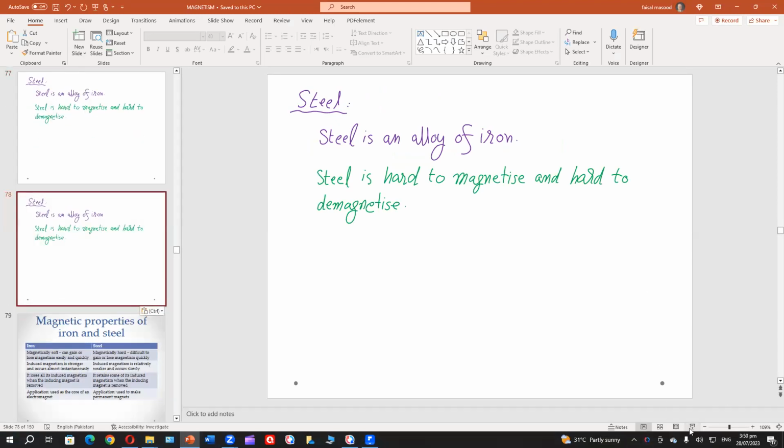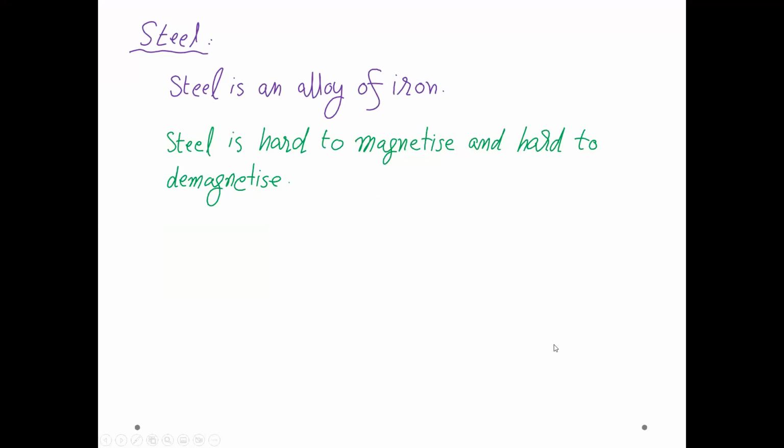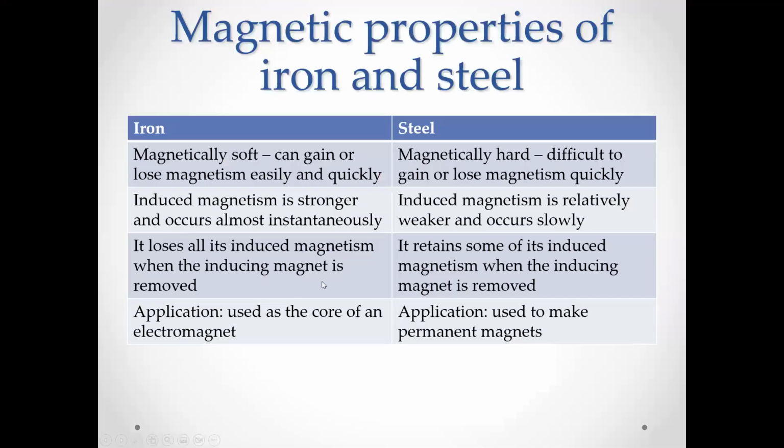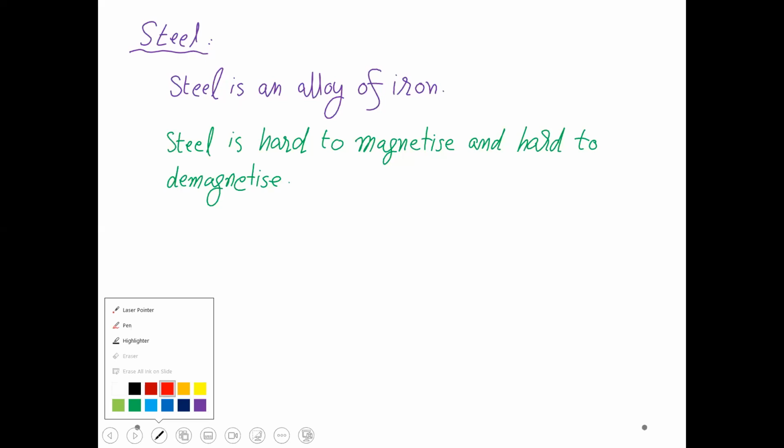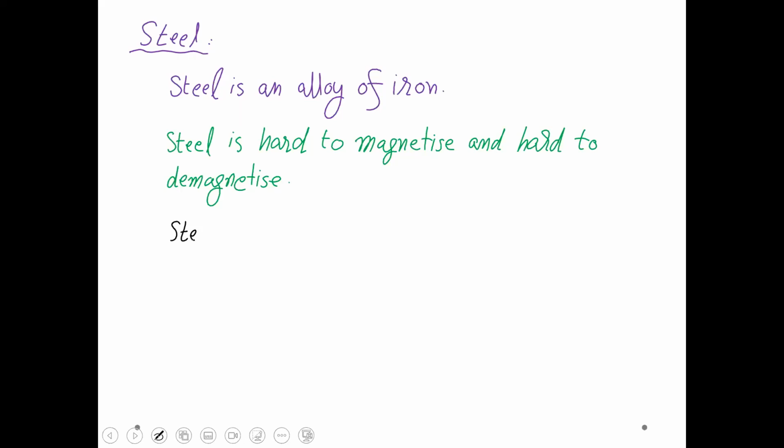Iron is used when you need a temporary magnet, and steel is used as a permanent magnet.